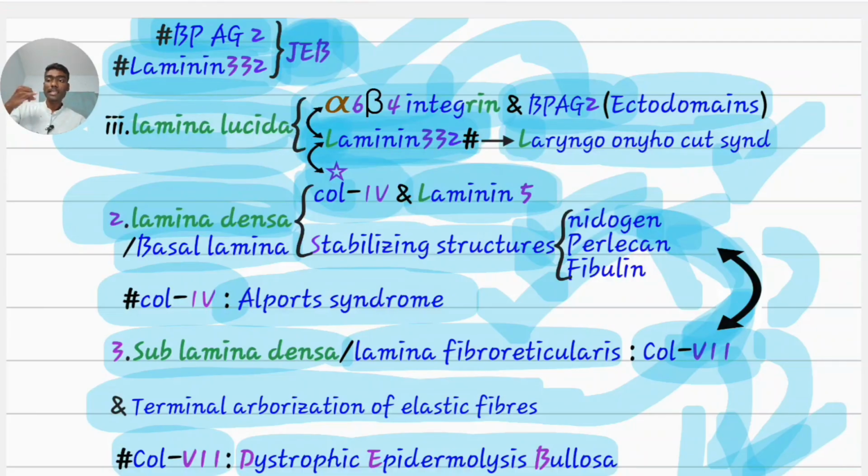Next, junctional epidermolysis bullosa. Second structural defect, second most structures. Beta 4, B for second alphabet, second defect, junctional epidermolysis bullosa. Alpha 6, beta 4, integrin, and all the structures in lamina lucida. Laminin 332, BPAG 2.